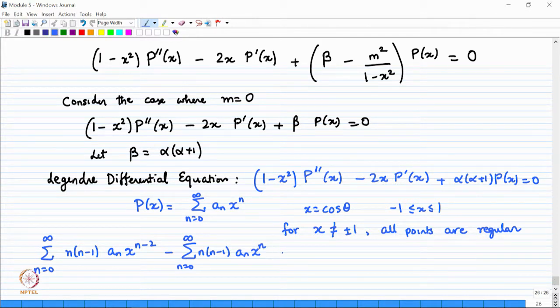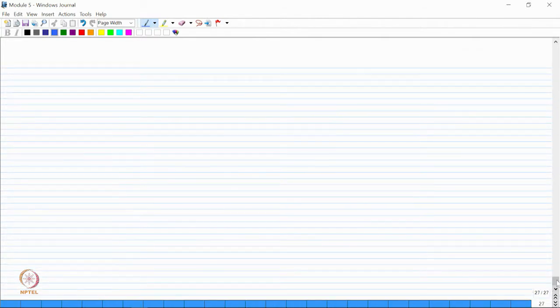And then I have minus 2 x into p prime. p prime will give me n times, so I write minus 2 sum over n equal to 0 to infinity n a n x raised to n minus 1 because of p prime; multiplied by x, it gives x raised to n. And then I have plus alpha times alpha plus 1 sum over n equal to 0 to infinity a n x raised to n equal to 0. Now this is the expression with which you start, and let us try to compare it term by term.